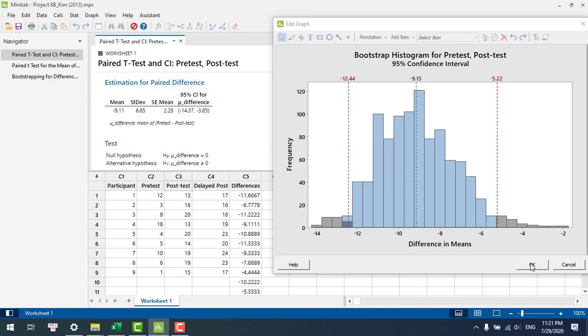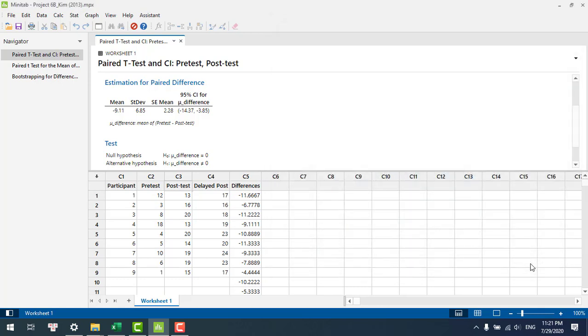Okay, so this is what bootstrapping does for you. You can be more certain about your results, but of course this depends on whether the original 9 samples that you had there are representative of the whole population.